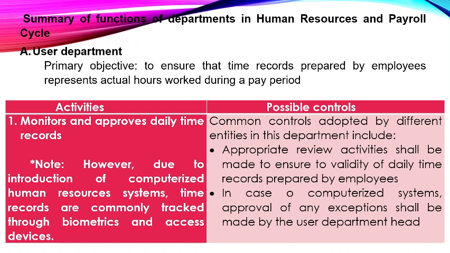Note, however, that due to the introduction of computerized human resource systems, time records are commonly tracked through biometrics and access devices. The possible control is that appropriate review activities shall be made to ensure the validity of daily time records prepared by employees. In case of a computerized system, approval of any exceptions shall be made by the user's department head.